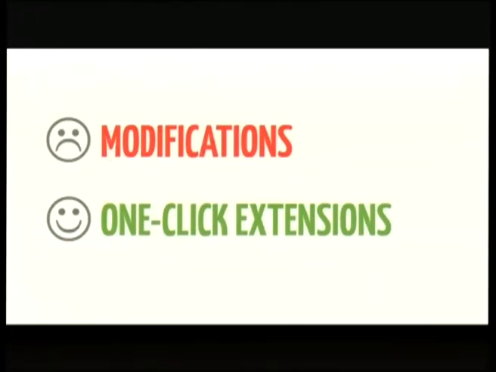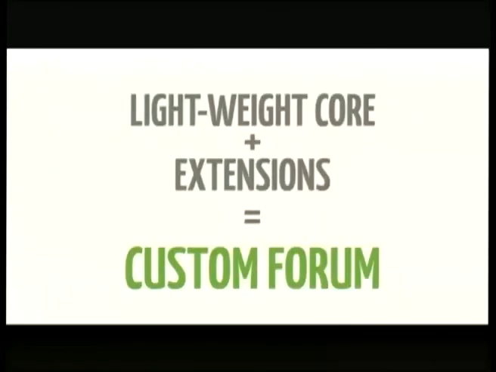It allowed you to add features without touching the core. That was a pretty big step forward at that point. So the idea was to provide a really lightweight and small forum core, which fit our concept, and then extensions allowed everybody to add the features they wanted if they needed them, and really create their very own forum.